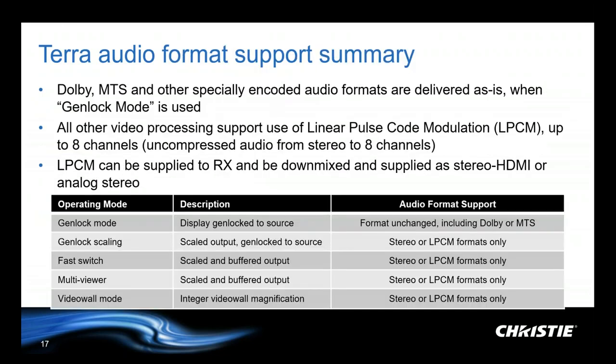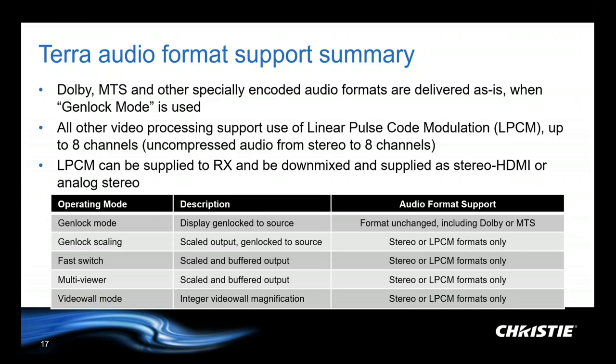So just to summarize, what happens with the different audio formats in Genlock modes, which I mentioned briefly earlier on, whether it's a direct connection between TX and RX, or they're connected using a switch. In Genlock mode, the audio formats are delivered as is.